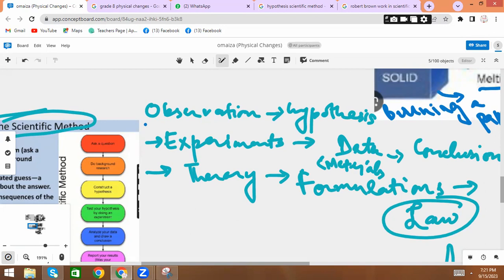Then the hypothesis is tested by experimentation. The hypothesis was: is it moving in a straight line or haphazardly? We have the background knowledge and we are constructing a hypothesis. In a hypothesis we are just imagining things.